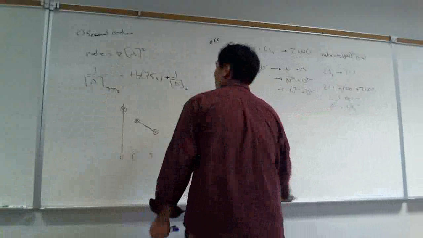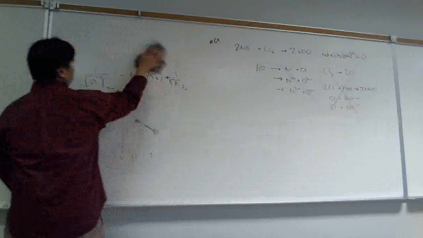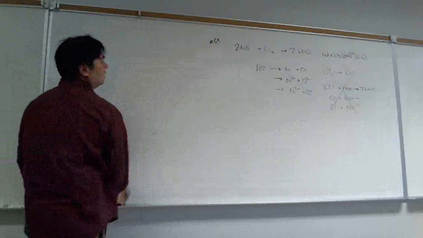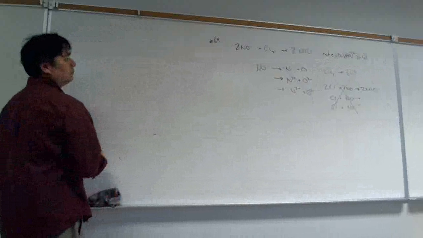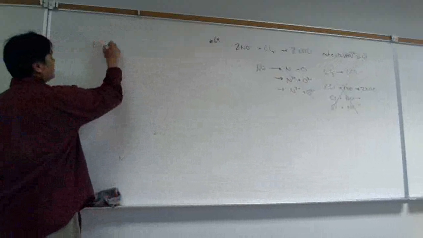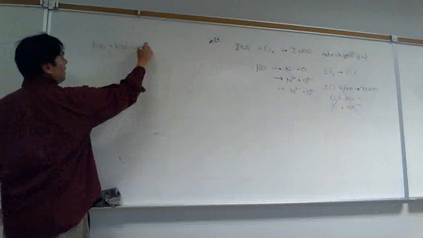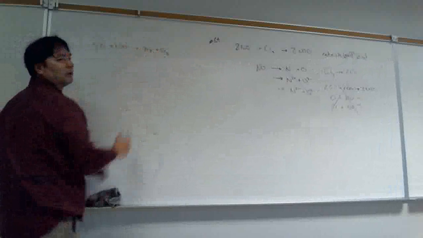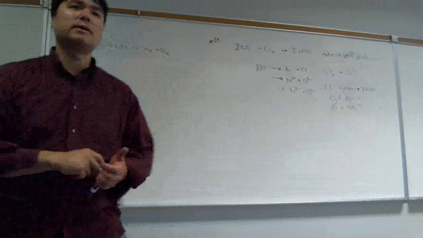This doesn't look like it's going anywhere, so we'll try bimolecular. We tried a bimolecular collision, maybe an NO plus an NO. Now you could have N2 plus O2. There's no problem with that, because now we have enough atoms to make an N2 and an O2.